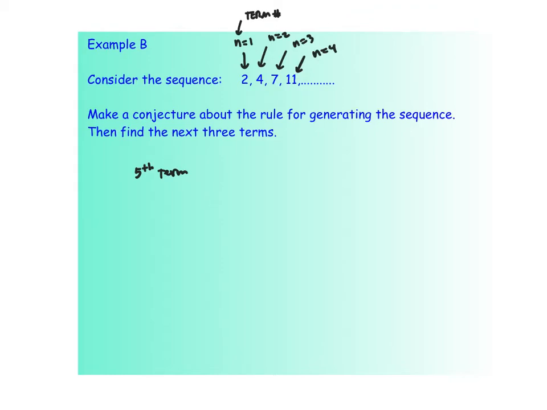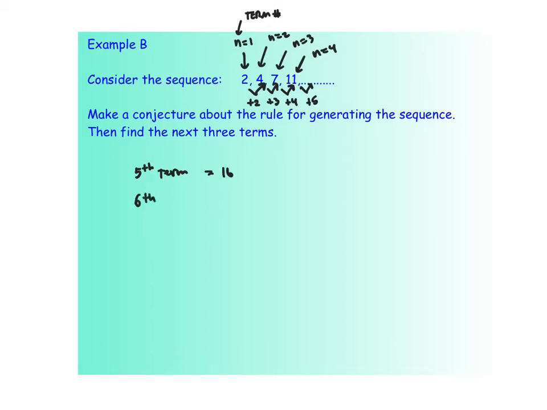based on the pattern that I'm seeing, we are increasing from term 1 to term 2 by 2, and then term 2 to term 3 by 3, term 3 to term 4 by 4. Therefore, our fifth term would be 5 more than 11. So our fifth term should be 16.